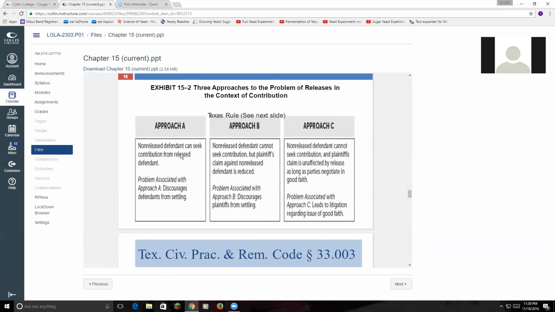Approach A is that the non-released defendant, the one who wants to get contribution from the settling party, can seek contribution from the released defendant. So again, going back to the example, just to reiterate, Ann is judgment proof. Bob's had to pay Ann's portion. Bob would dearly love to go to David and say, hey, David, you need to kick in some money for Ann's portion.